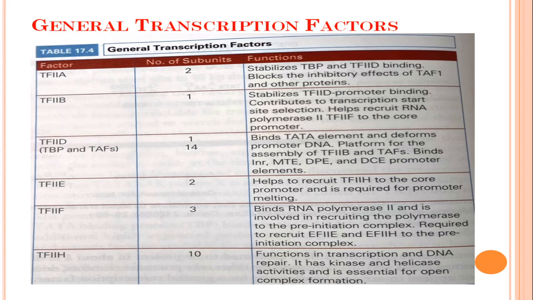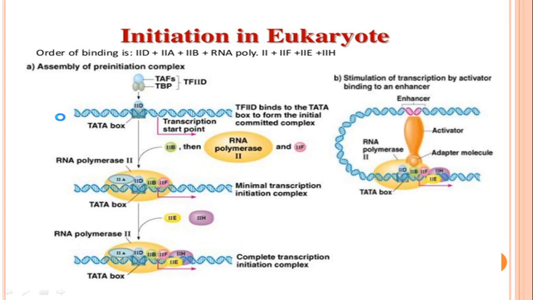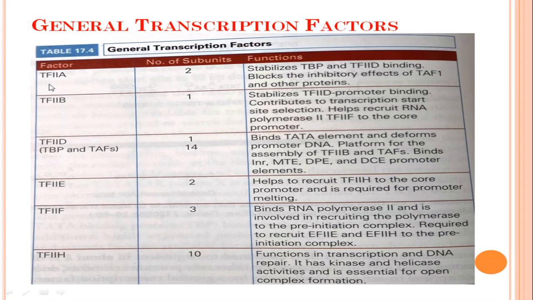But if we understand the sequential binding of components, first of all TF2D comes and binds to the TATA box, then after that TF2B will bind, then after that TF2A will bind. After this TF2F along with RNA polymerase comes and binds to the core promoter, and at the last TF2E and TF2H will bind.